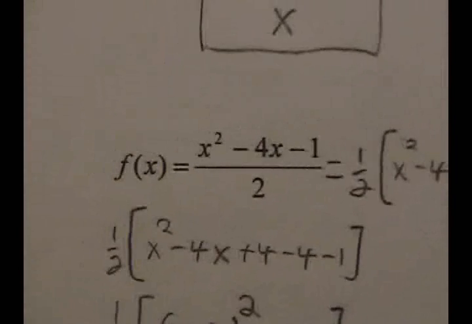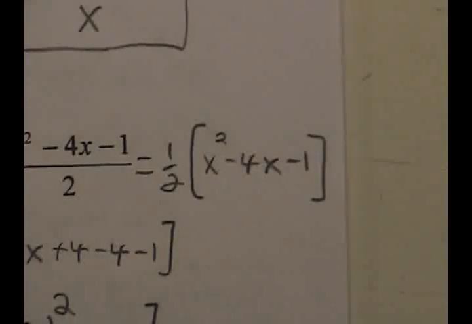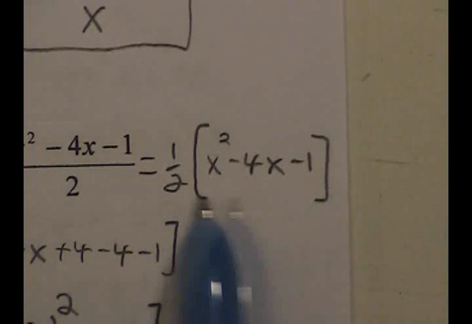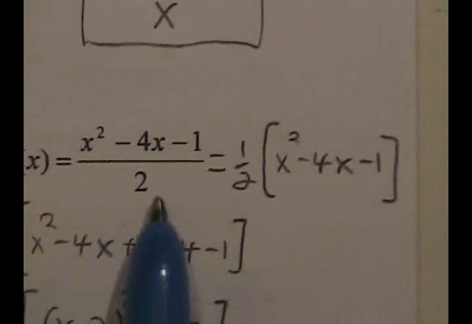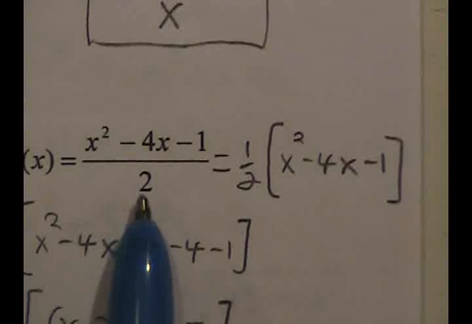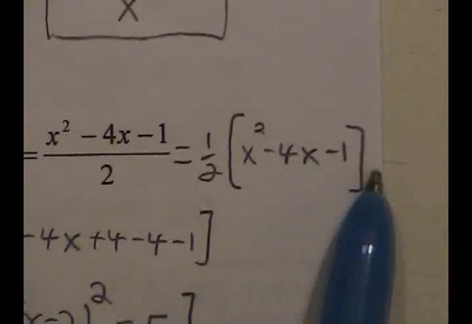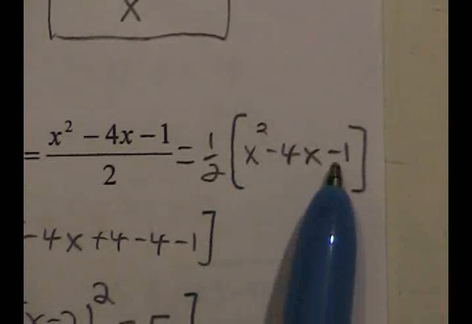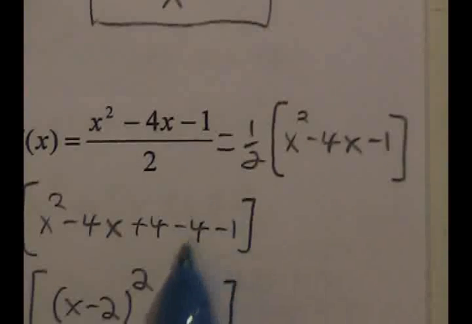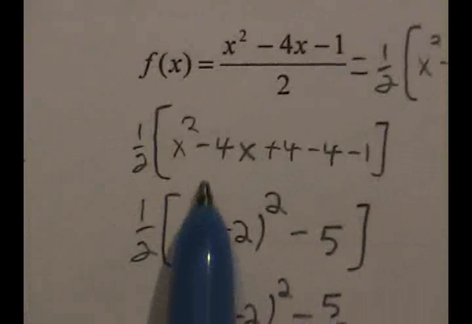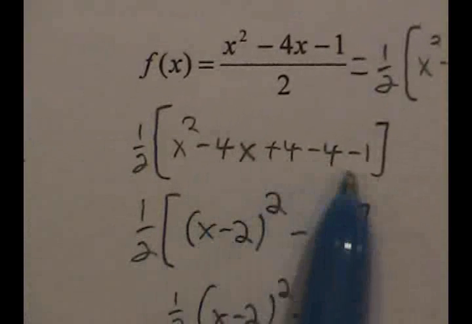And the last one, since it's all over 2, I see it like this. This to me is less scary looking than how it's written here. So that's how I choose to interpret it. Basically, I'm just going to complete the square with what's here, and then in the end, remember to multiply the result by the 1/2. Magic number is 4 plus and minus.